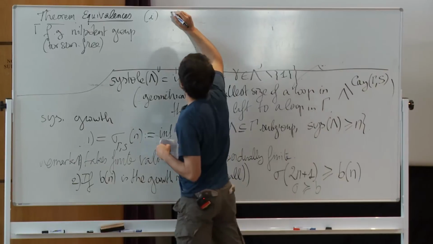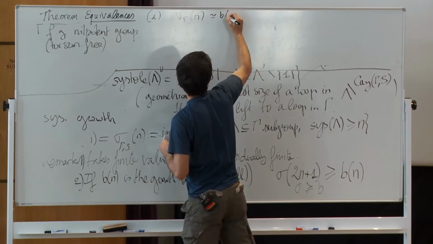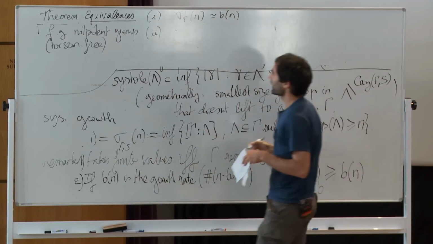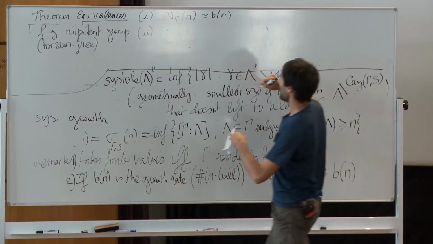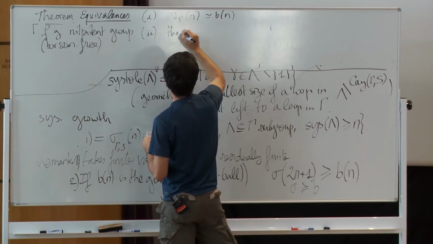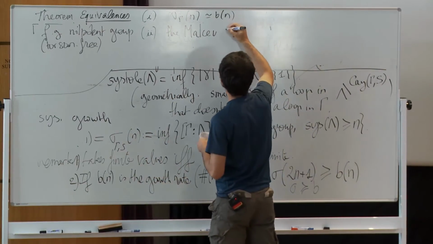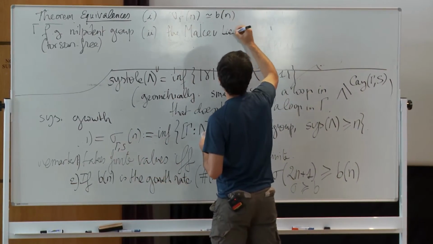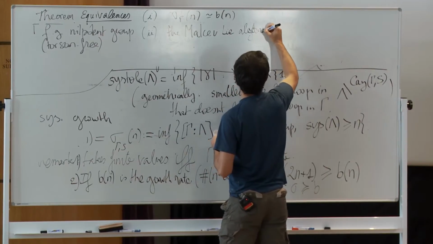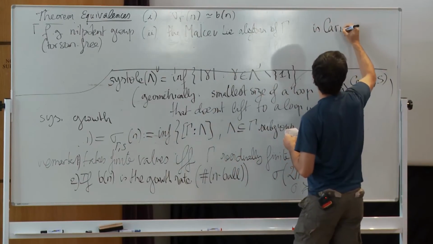One, sigma for gamma of n is equivalent to the growth. And two, what I call graded, but graded is quite bad, so I will say the Malcev Lie algebra of gamma is Carnot.